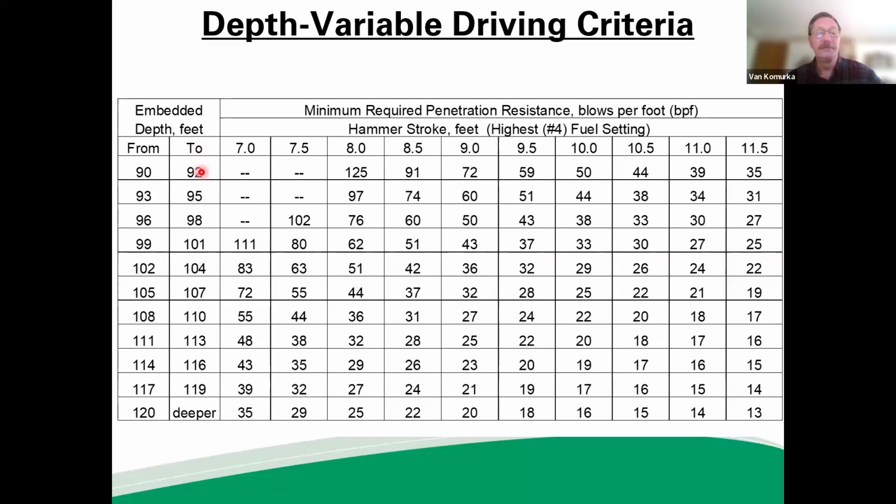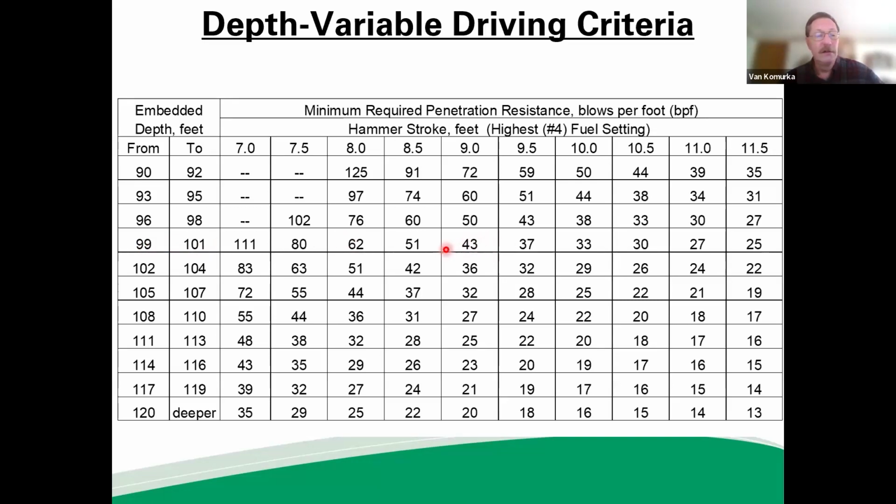3 feet, but these could be wider if you weren't getting as much setup per foot. So at 9 feet, say you're down at 99 feet, and you're driving along, and the inspector sees a 9-foot stroke, and you're at 99 feet, and the blow counts are 30. What do you do? You keep going. You don't have the required blow counts. And then you get down to 100 feet, and your blow counts jump up to 35.